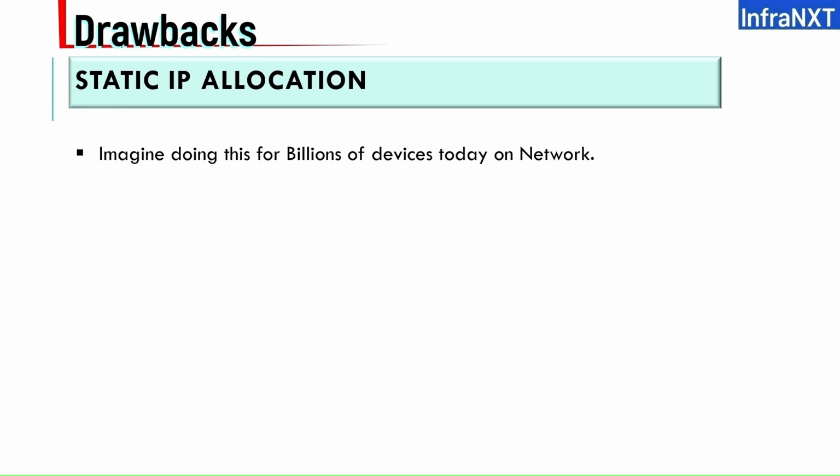Imagine doing this for the billions of devices on networks today. With the rise of IoT, devices like your fridge, camera, car, and even garage doors are all connected to the network. Managing this massive number of connected devices manually has become an impossible task for the network administrator. It's not only painful but also error prone.